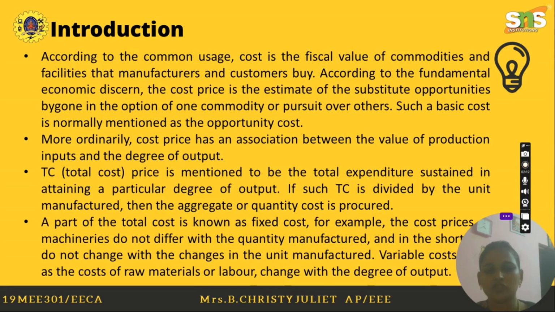A part of the total cost, which is known as fixed cost, is the cost price of machineries that do not differ with the quantity manufactured, and there are certain variables which will vary with the change in output level, like cost for raw materials, labors, etc. Those costs will come under the variable cost. When you add these together, you will get the total cost.